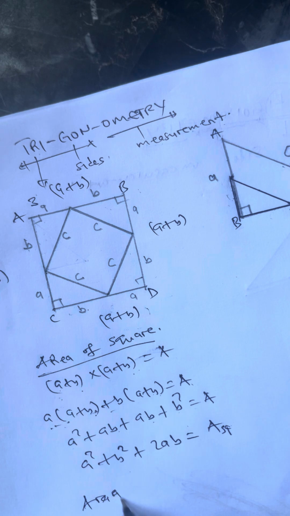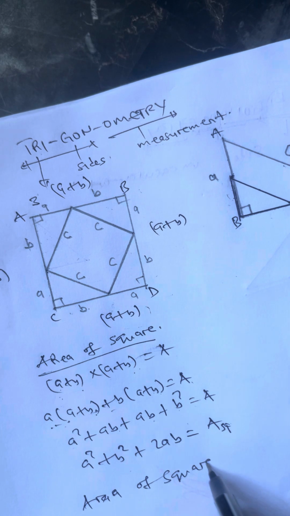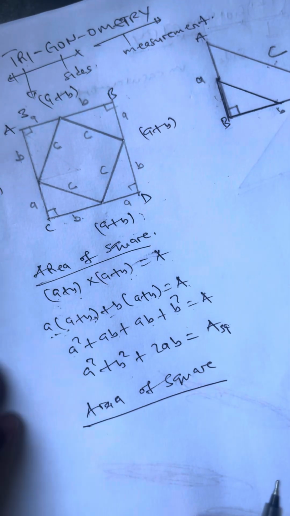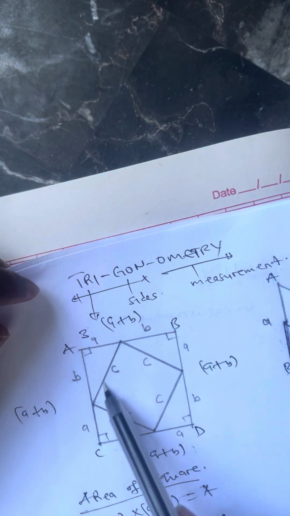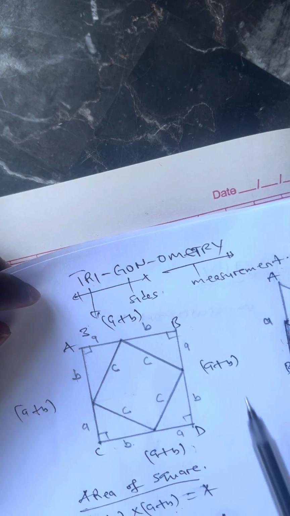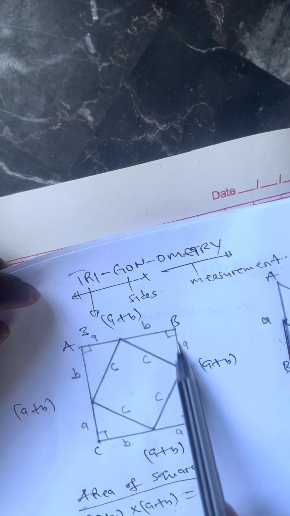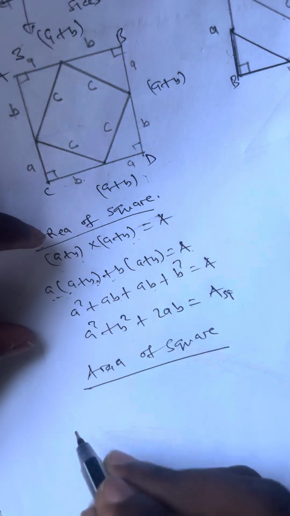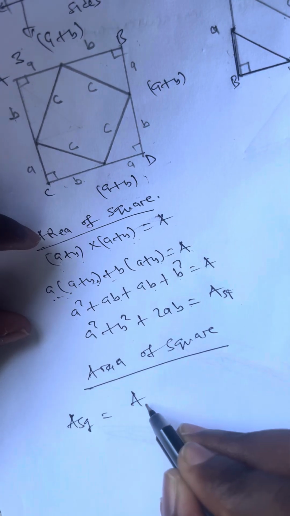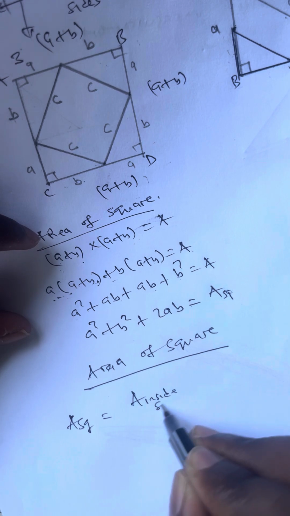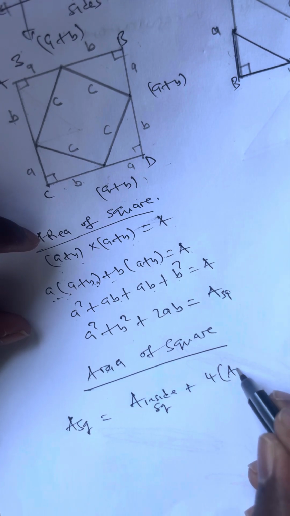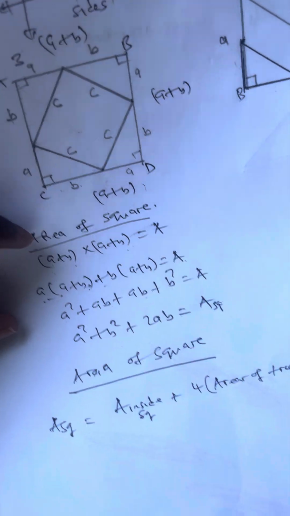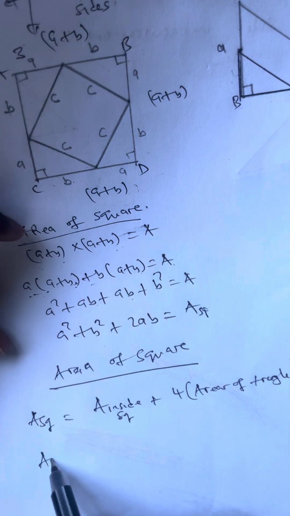The area of the square can also be found by taking the area of the square inside plus the area of these four triangles, which are similar triangles arranged.